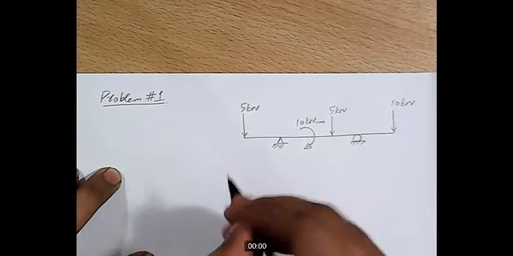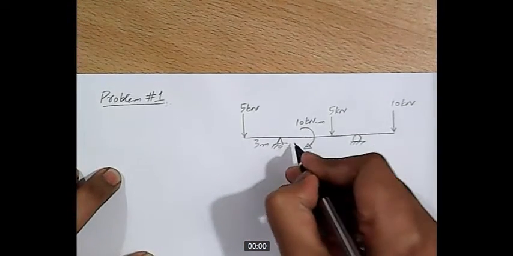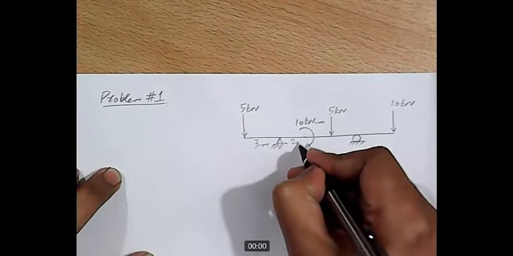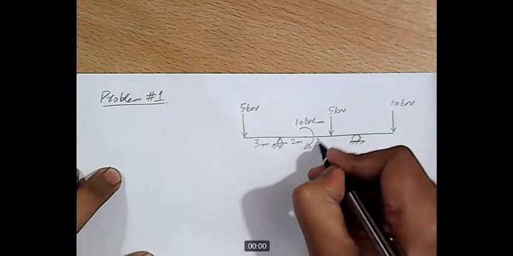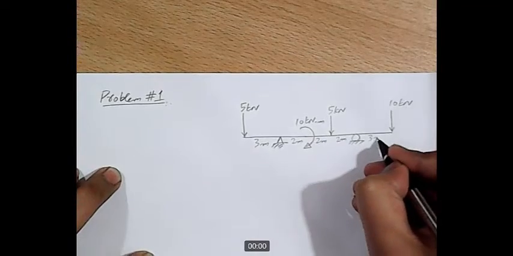The left overhang is 3 meters long, this part is 2 meters, also 2 meters and 2 meters, and this is 3 meters.